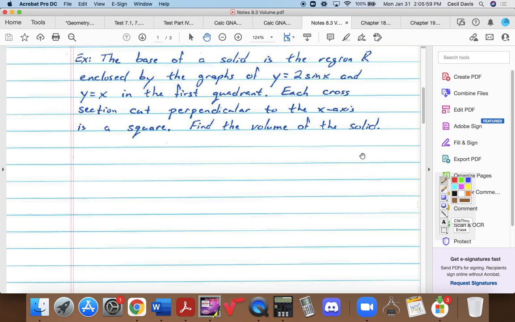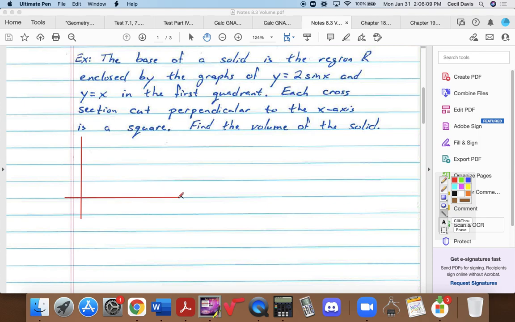So we're going to draw that first. 2 times sine of x is just going to be twice as high as sine of x. And y equals x, just a nice 45-degree angle line.